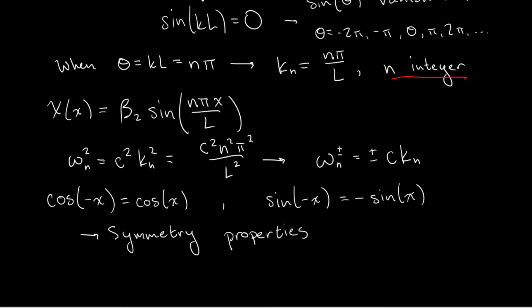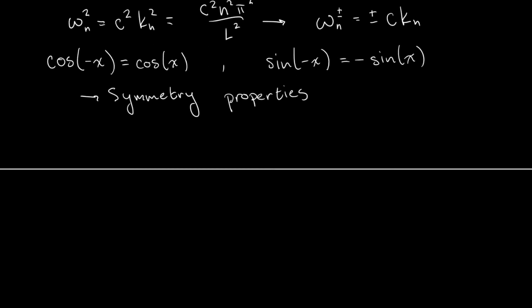You'll often hear people say that cosine is even, which comes from the fact that when I take x to minus x, I get the same thing, whereas sine of x is odd, which comes from the fact that I get this minus sign. Another way of saying it is cosine is symmetric, sine is antisymmetric. Whenever I refer to the symmetry properties of cosine and sine, this is what I'm talking about.